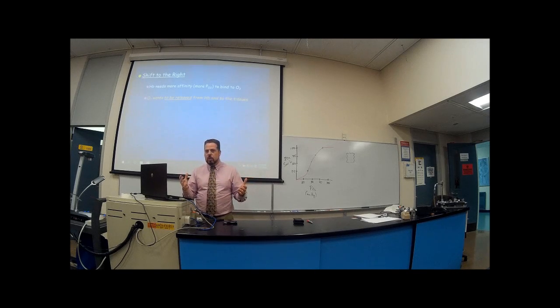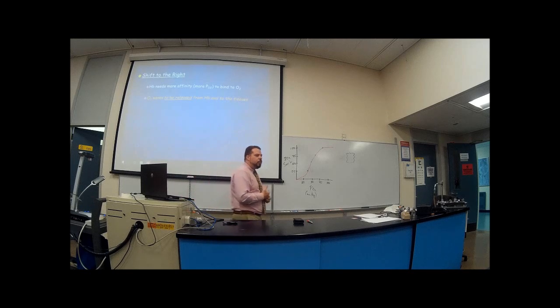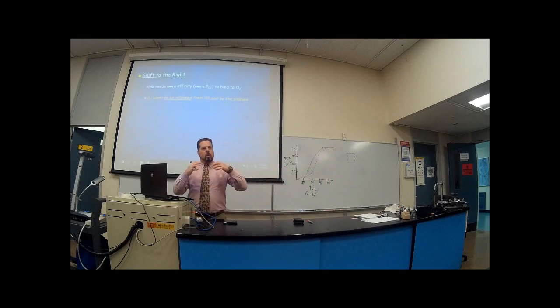Does that make sense? So if there's what we call a shift to the right, which will look like this in purple, it'll look like that. And what that means is that we're going to need more of an affinity for oxygen to go on there.